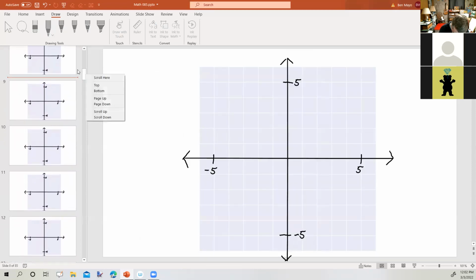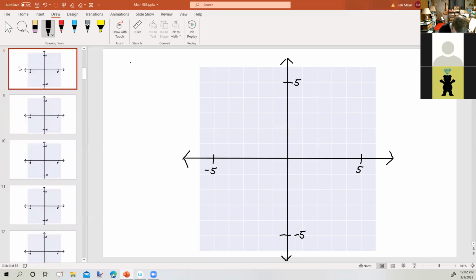I've got f of x equals 1 over x, and f inverse of x equals 1 over x. So I'm saying that the function and its inverse are the same.